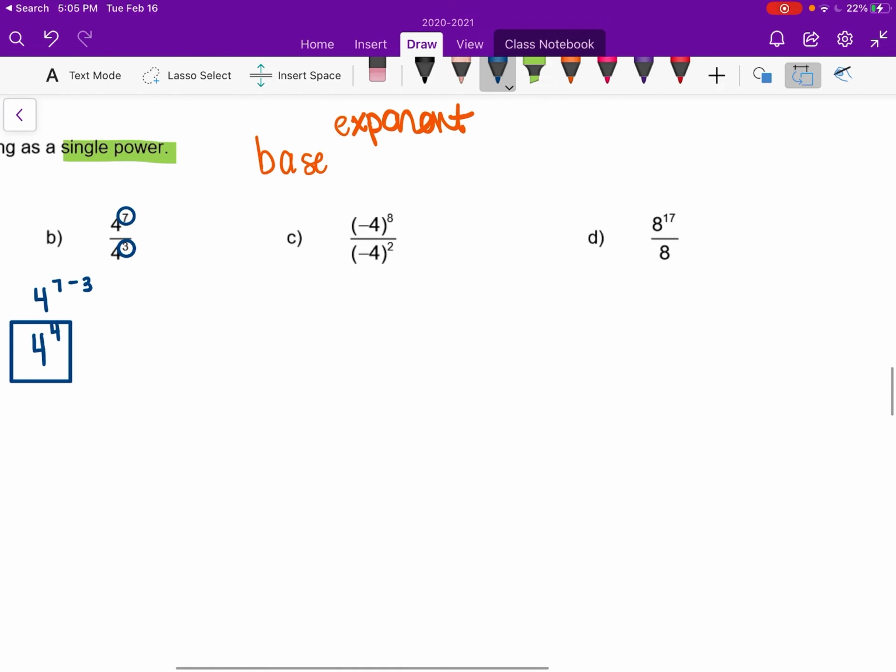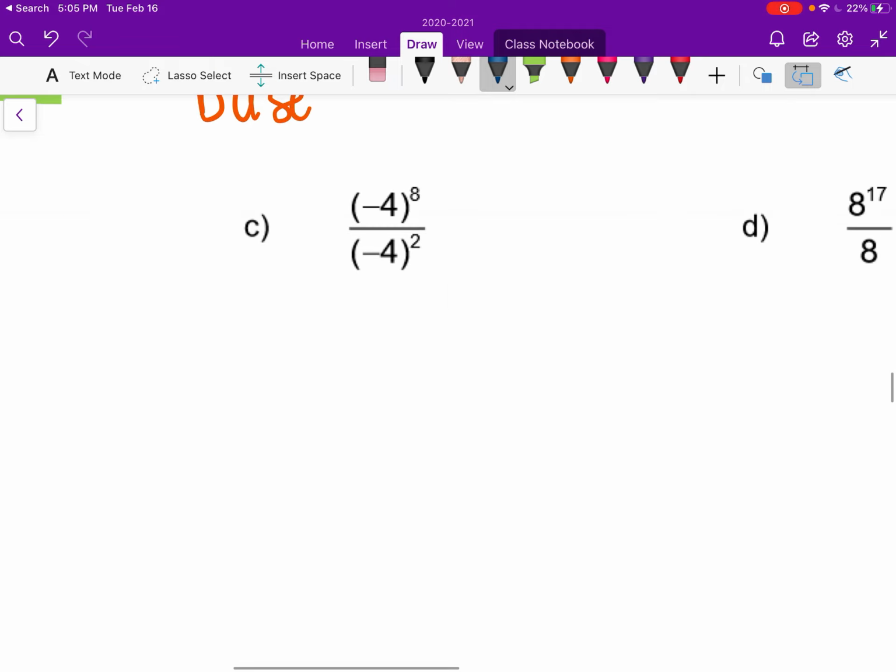So try doing C and D and then just come back and make sure you're doing them correctly. So pause your video, come back. Okay, welcome back. So we have negative 4 to the power of 8 over negative 4 to the power of 2. So I'm going to do negative 4 in a bracket because that's my base, and then I'm going to take the exponents and just subtract them. 8 minus 2 is 6.